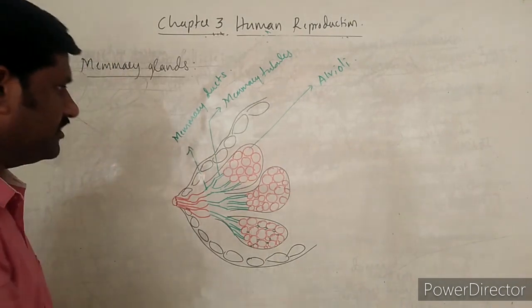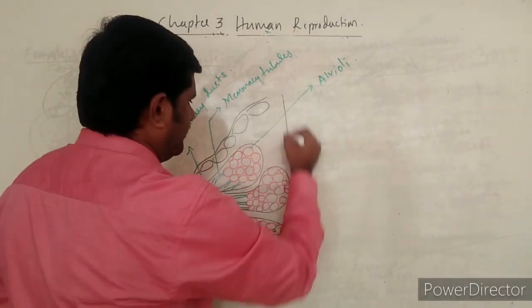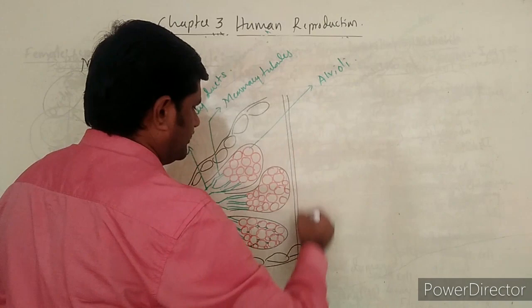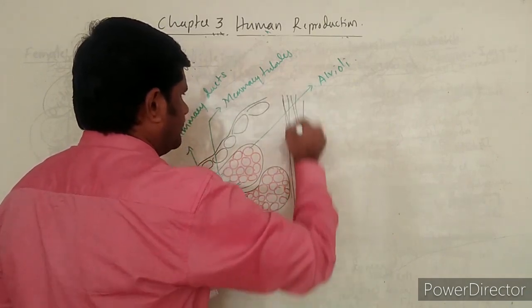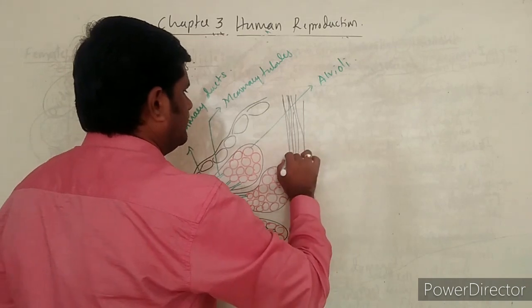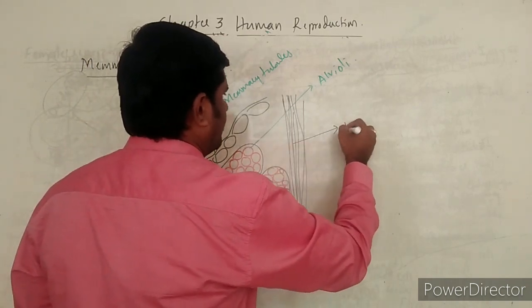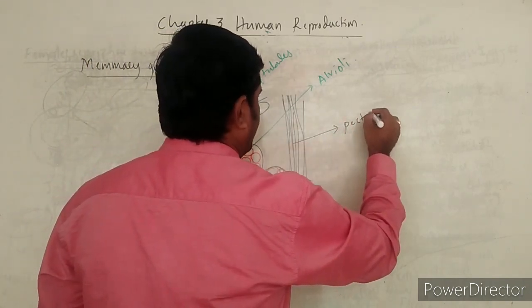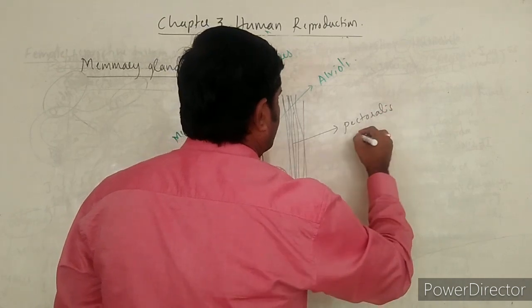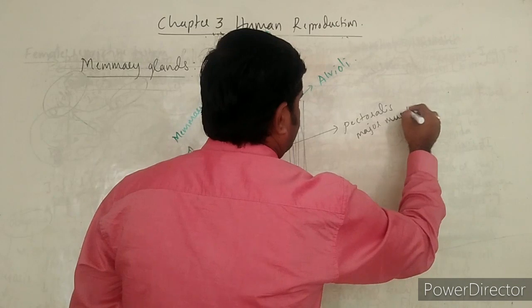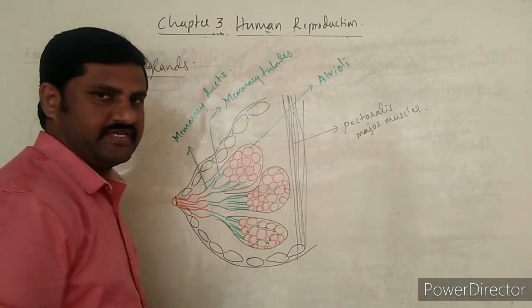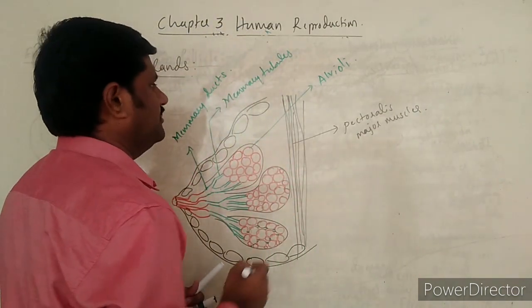One more thing we should remember here: there are specialized muscles present here, and these specialized muscles are called pectoralis major muscles.